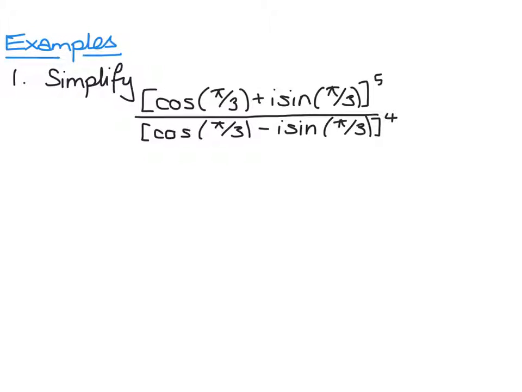So let's move on to look at some examples which use polar coordinates and de Moivre's theorem. First example, we want to simplify (cos pi over 3 plus i sine pi over 3) all to the power of 5 divided by (cos pi over 3 minus i sine pi over 3) all to the power of 4.